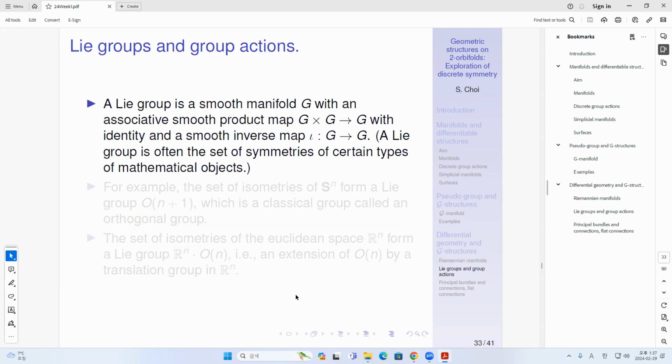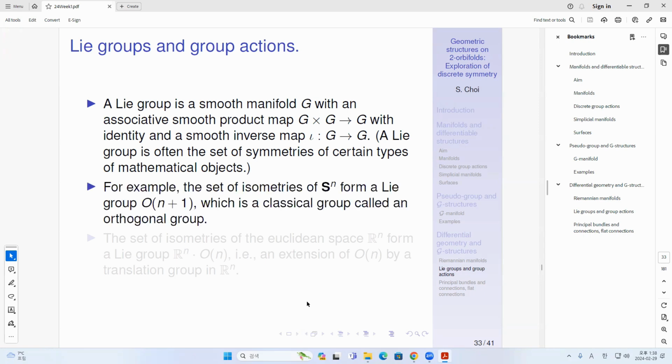So let's look at some Lie groups and group actions. A Lie group is a smooth manifold with an associative smooth product map G times G to G, with identity and a smooth inverse map. A Lie group is always some sort of set of symmetries of certain types of mathematical objects, but we will not study that here.